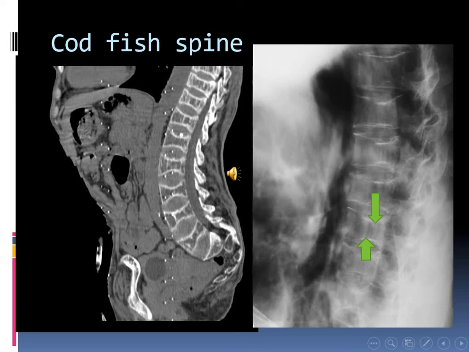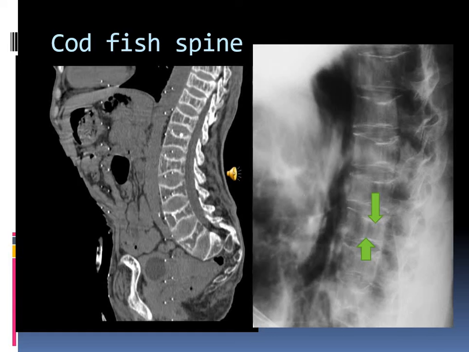In this slide we have a radiological sign called the codfish spine appearance. This is related to the abnormal spine seen on both X-ray on the right side and CT scan on the left side, usually seen in osteoporosis, or it could be seen due to other bone abnormalities or systemic diseases. The shape of the vertebra is abnormal.